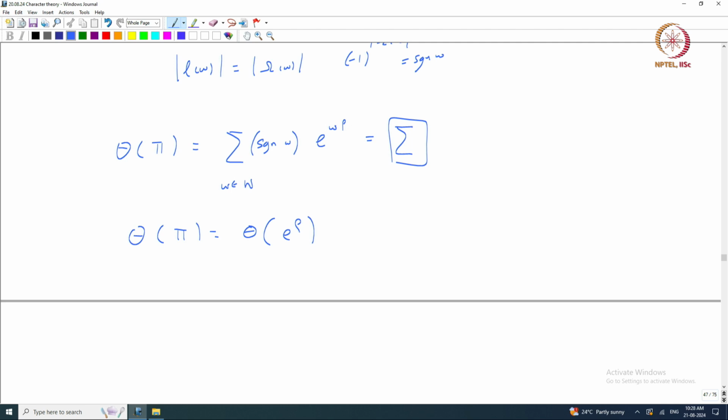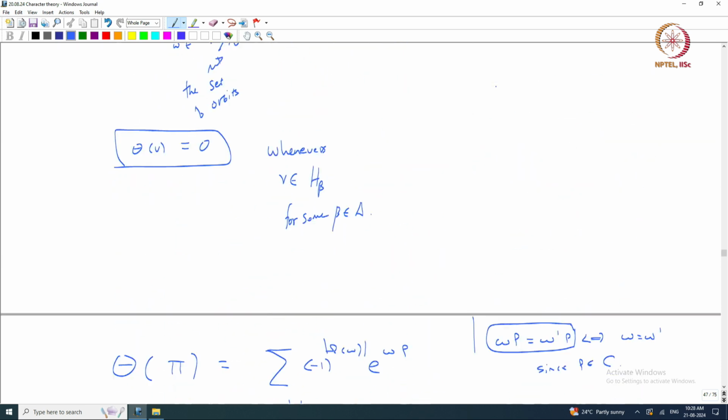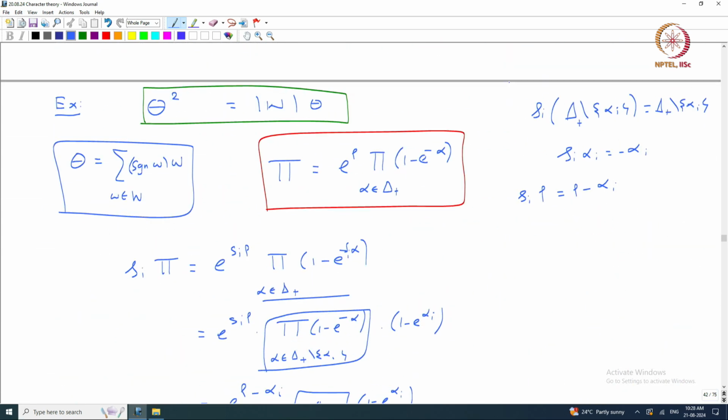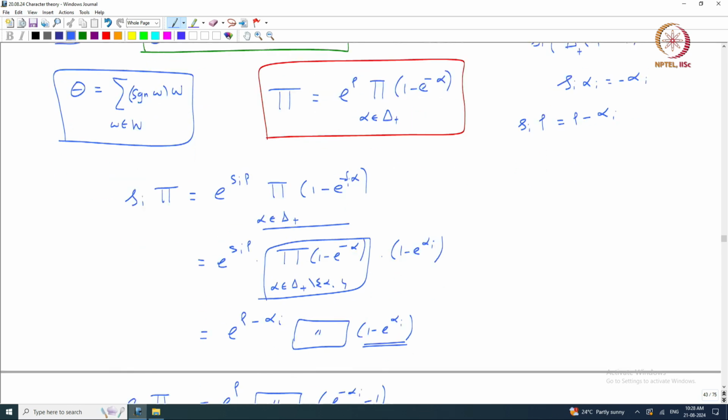So, we already have this identity, theta square is nothing but the cardinality of W times theta. So, if we use this identity, which is something we proved earlier, I guess I gave it as an exercise, this theta square is nothing but the cardinality of W times theta.